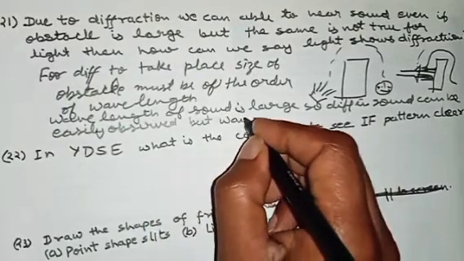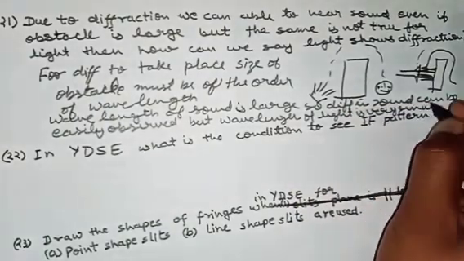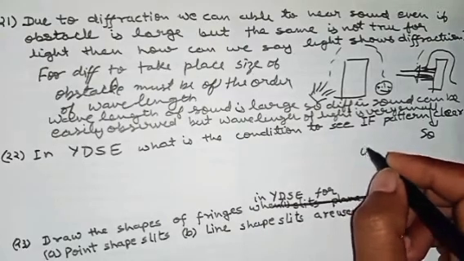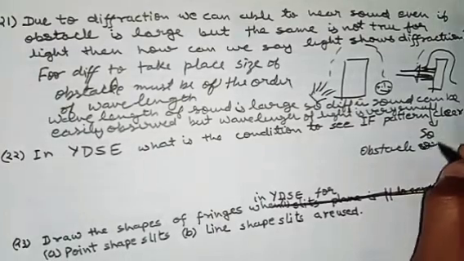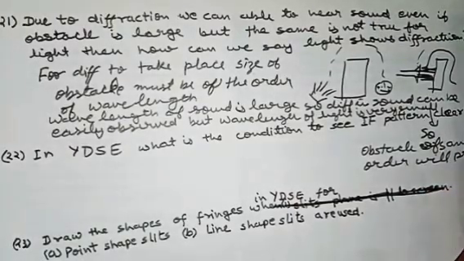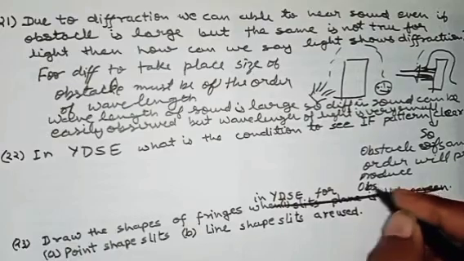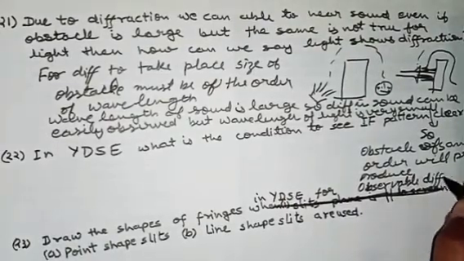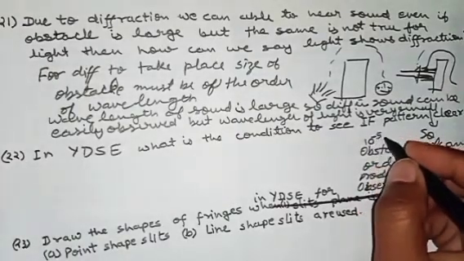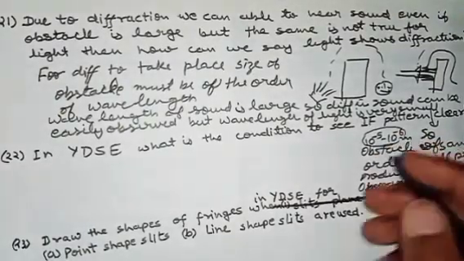But the wavelength of light is very small, so only an obstacle of the same order will produce observable diffraction. That is, if the obstacle has a width or size of the order of 10 to the power minus 5 to 10 to the power minus 6, or even less, then diffraction of light can be observed, but not with meter-sized or other types of obstacles.